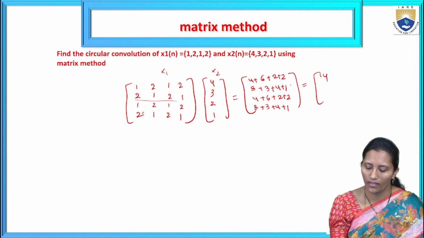This is 14, 16, 14, 16. These are the values we are getting for y of n.